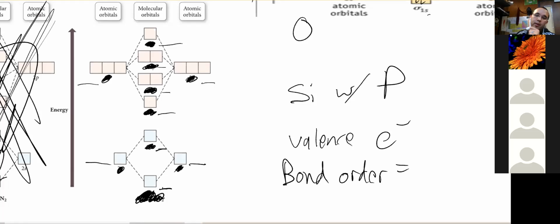Right. So let's go ahead and we'll put silicon over on the left, and we're going to put phosphorus on the right. And so what I would recommend is go ahead and start by labeling your boxes. Right? So for silicon, what's its electron configuration?